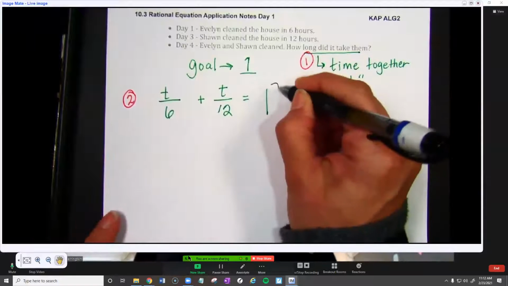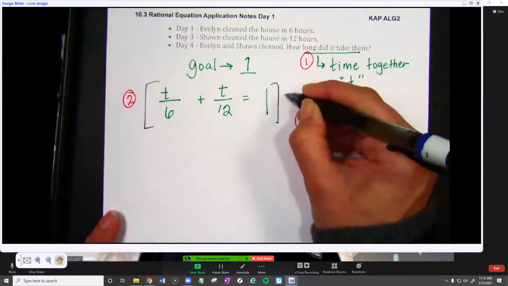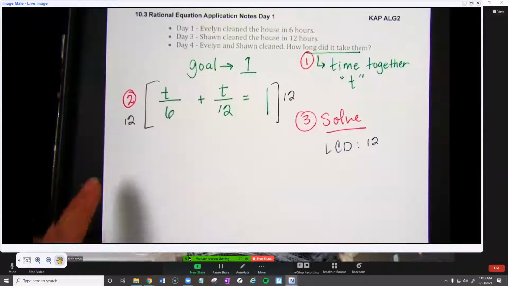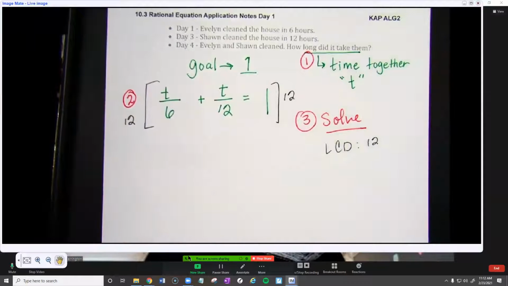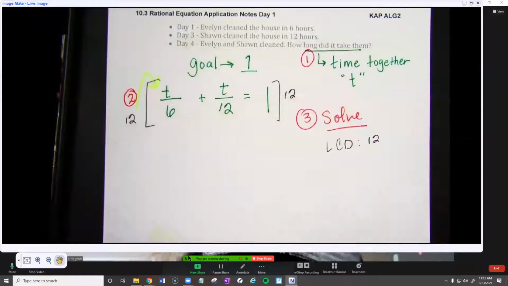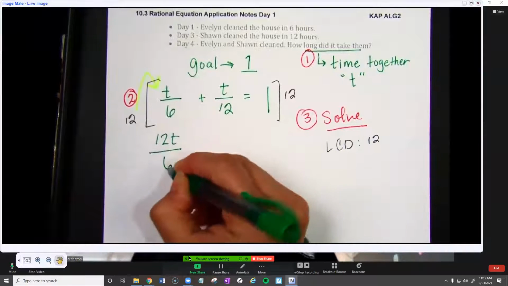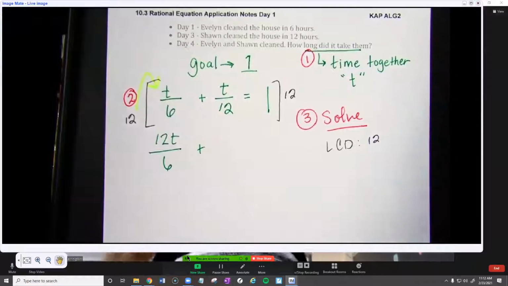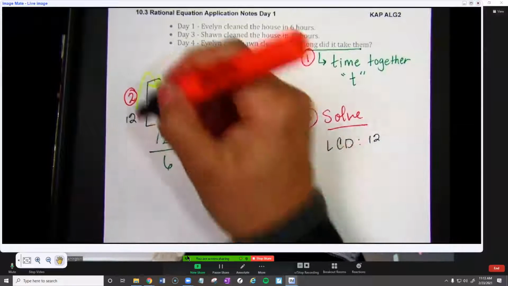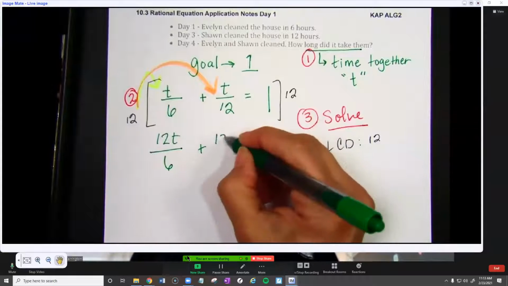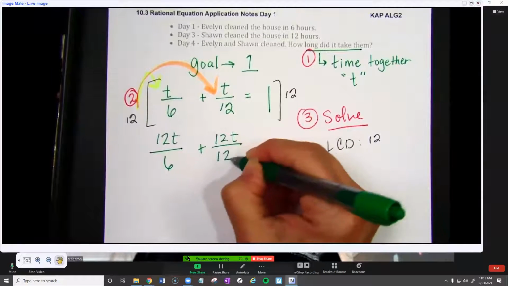All right, so here we go. Let's solve this. I'm going to multiply both sides by 12. I'm going to show all of this work on this example, then I'm going to shorten what I'm showing because we can do this in our head. So when I take this 12 and I distribute it to that first fraction, that's going to be 12t over 6 plus 12t over 12.